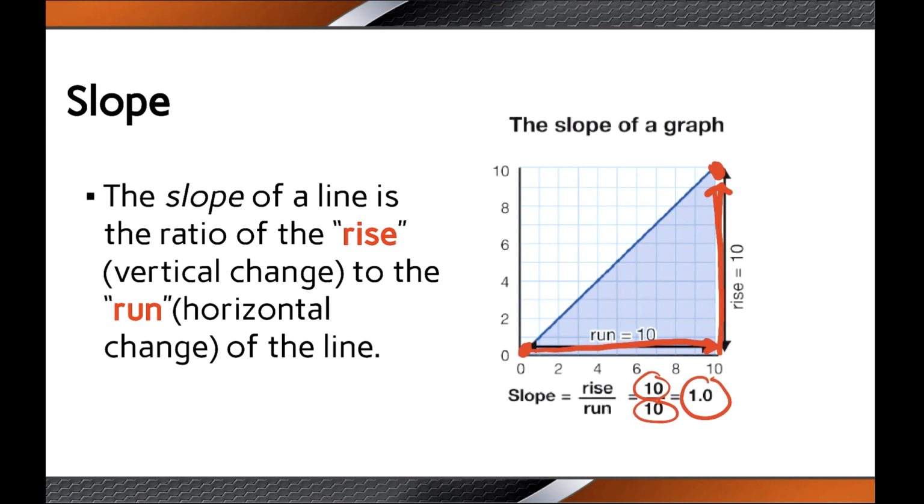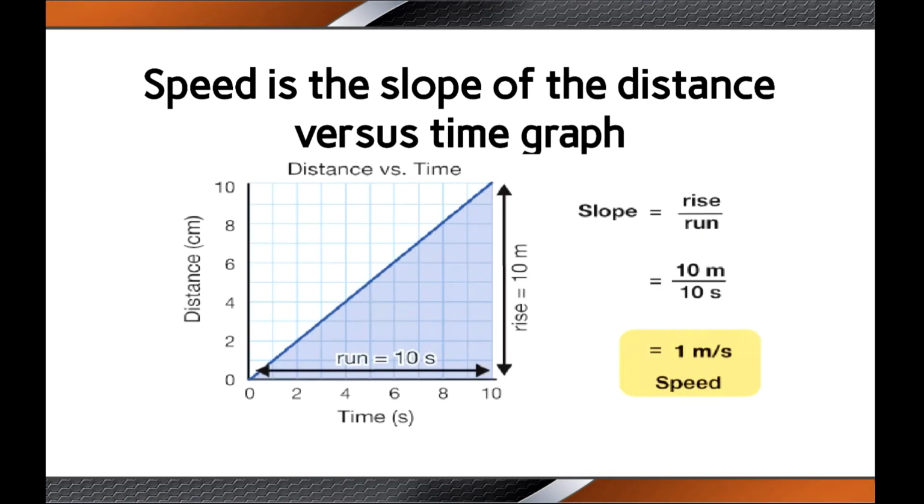Let's label the x and y axis now. If we label the y-axis with distance and the x-axis with time, how does that change things? Well, now the rise for this, we know the value for the rise was 10.